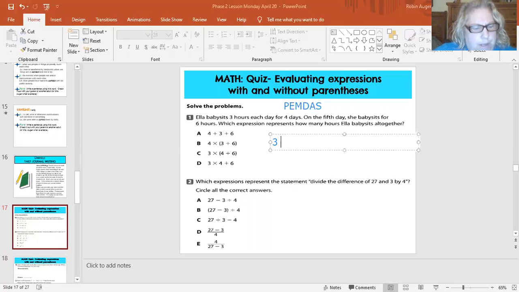We have 3 times 4 plus 6. We do multiplication first, so we should probably put our parentheses in just so we can see it easily. Okay, and then second box.